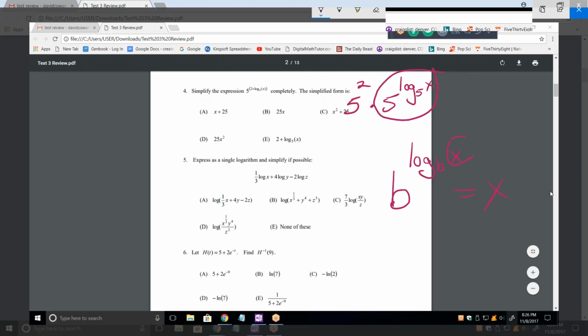It's whatever that is. Okay? So yep. That becomes x, that becomes 25, so our answer is 25x.